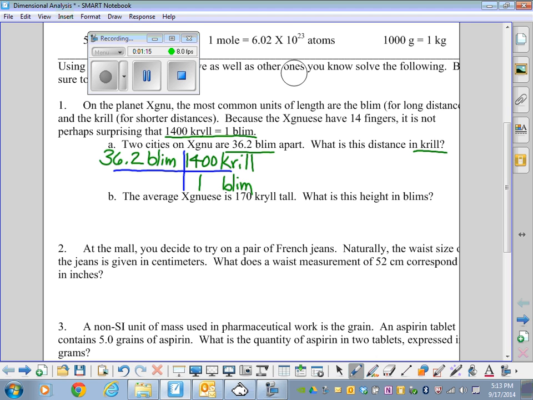Now when two numbers are side by side, of course, we're always going to multiply. So to solve, it will be 36.2 times 1,400.